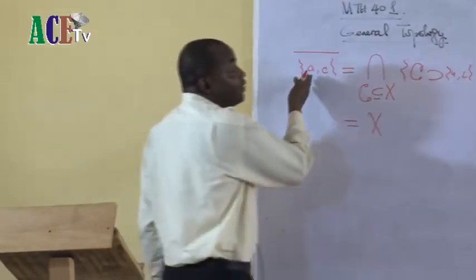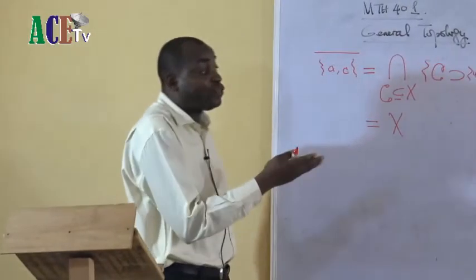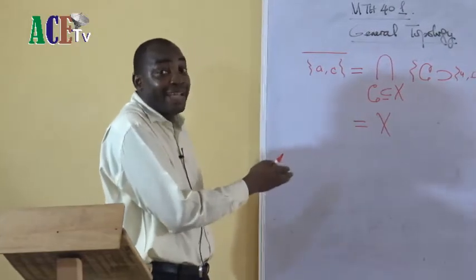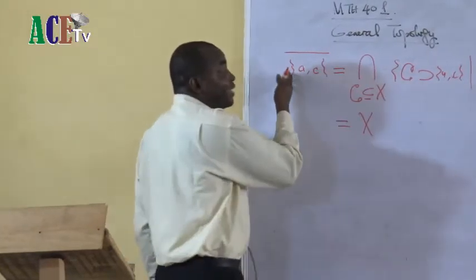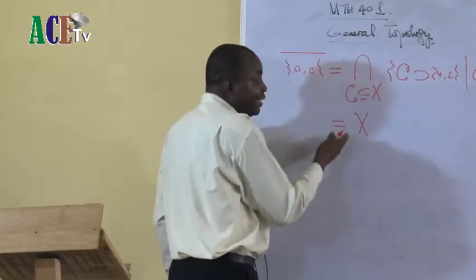And what do we say about this set? Based on the definition of denseness of a set, we see that the closure of {A, C} is what?